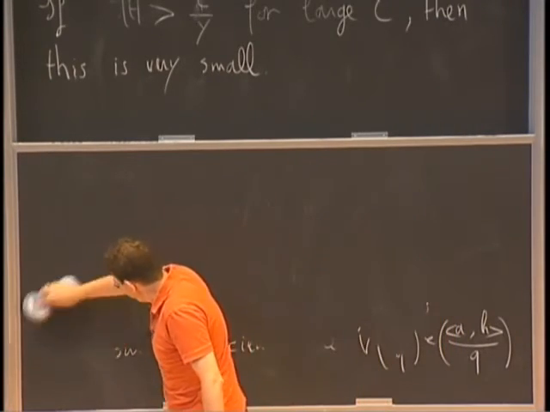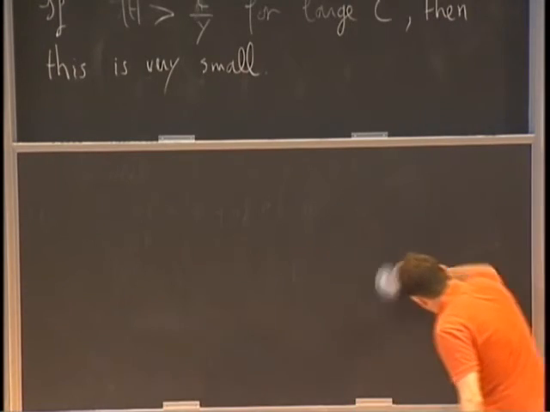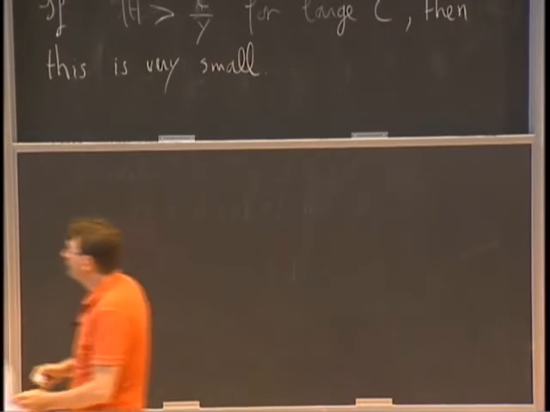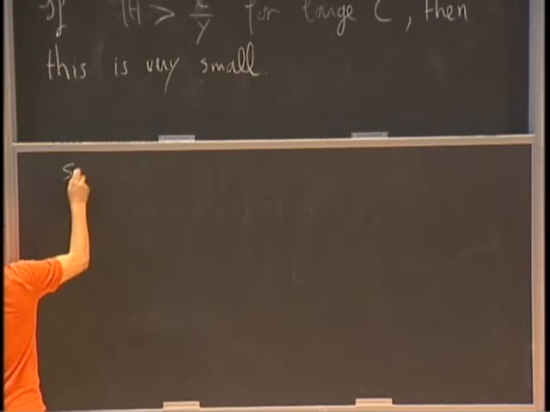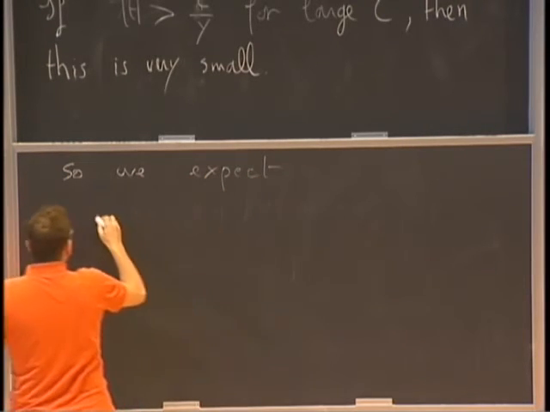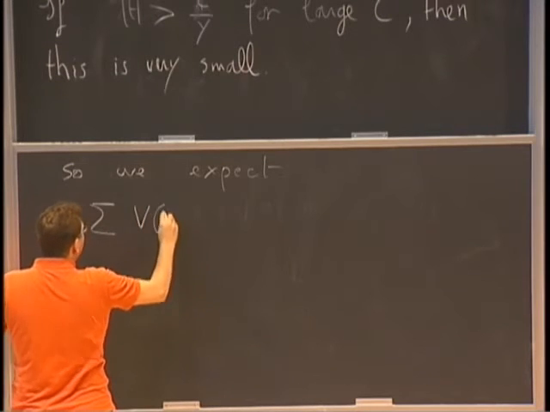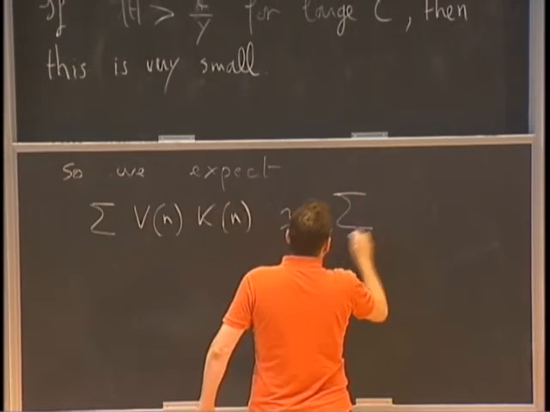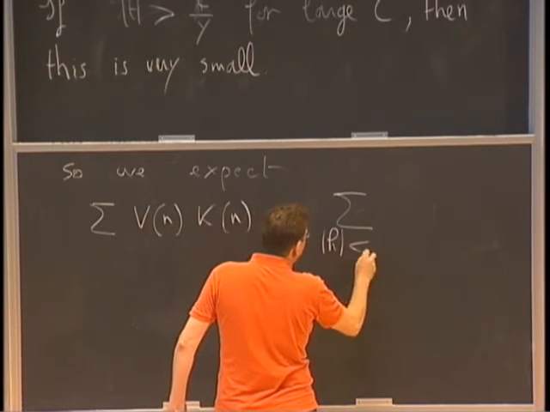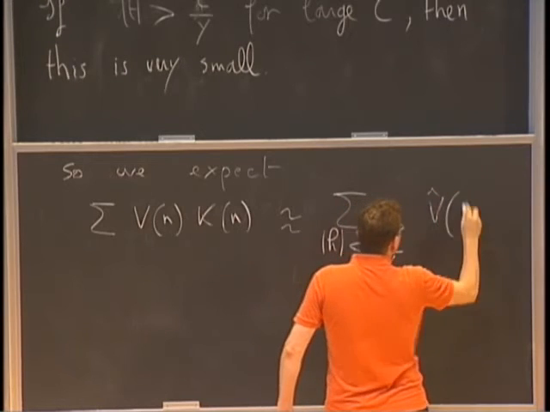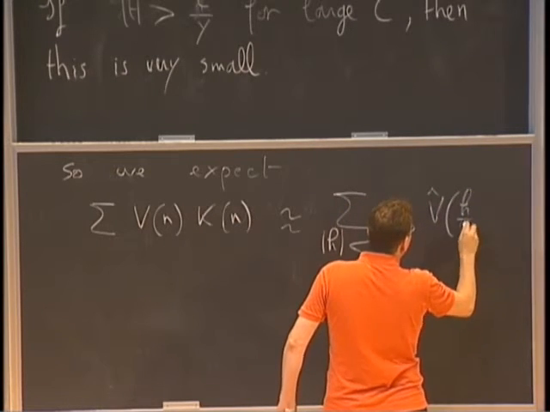So if we apply this to our typical case, we expect at least that the sum should behave as if you could truncate it to q over y. There's still the v hat of h over q.